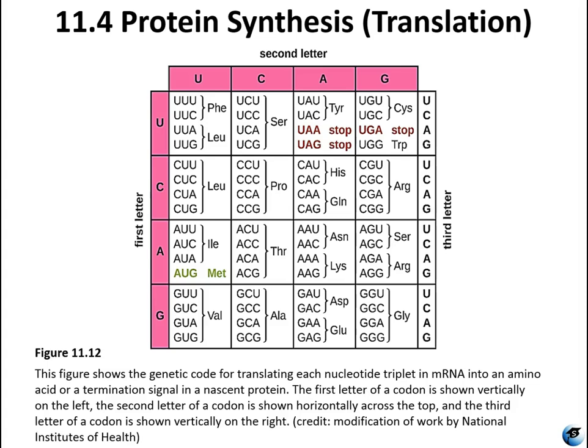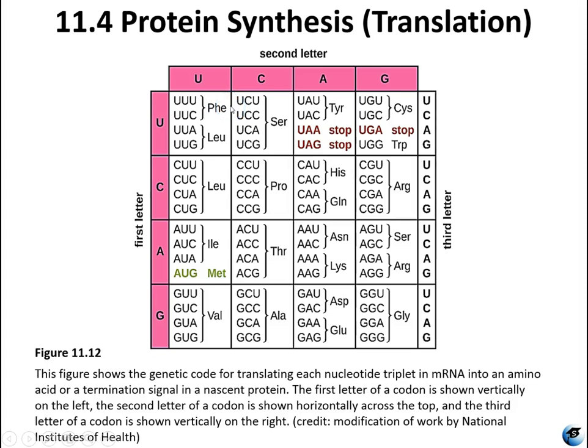So they read them 3 at a time. These 3 nucleotides, in this case uracil, uracil, uracil, are in the mRNA that was synthesized from the DNA. You're not going to have T's in here, you're going to have U's. But 3 nucleotides together are codons. They code for an amino acid. And then the amino acid then codes for protein.